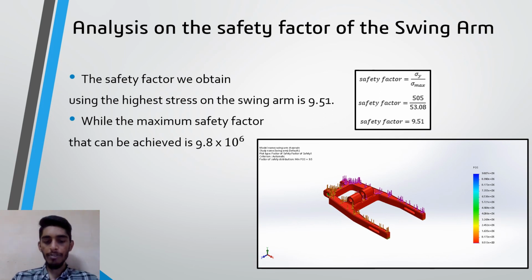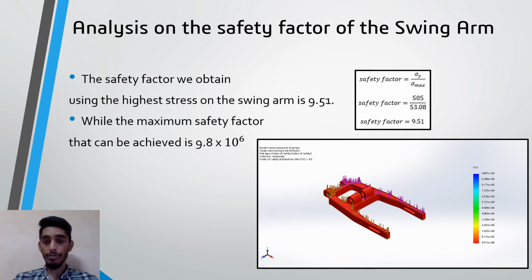After that, by observing the safety factor that we obtained from the simulation, we can see that 9.51 is the lowest safety factor, and the maximum safety factor that can be achieved in the swing arm is 9.8 times 10 to the power of 6.